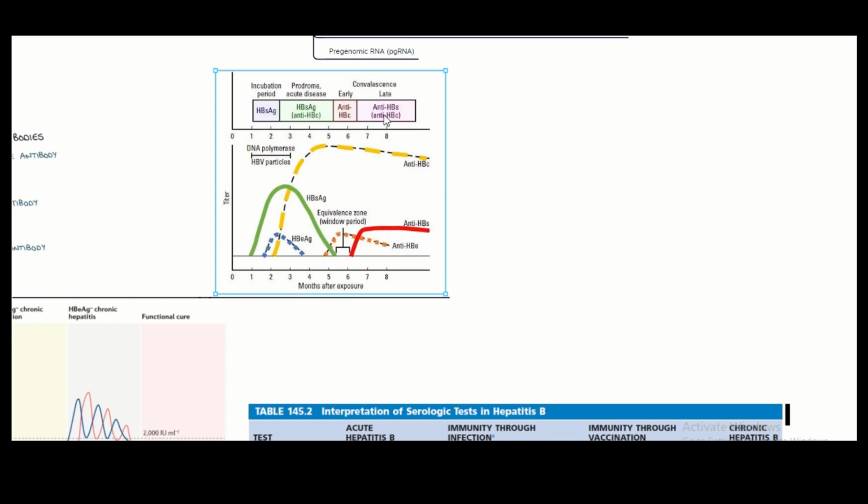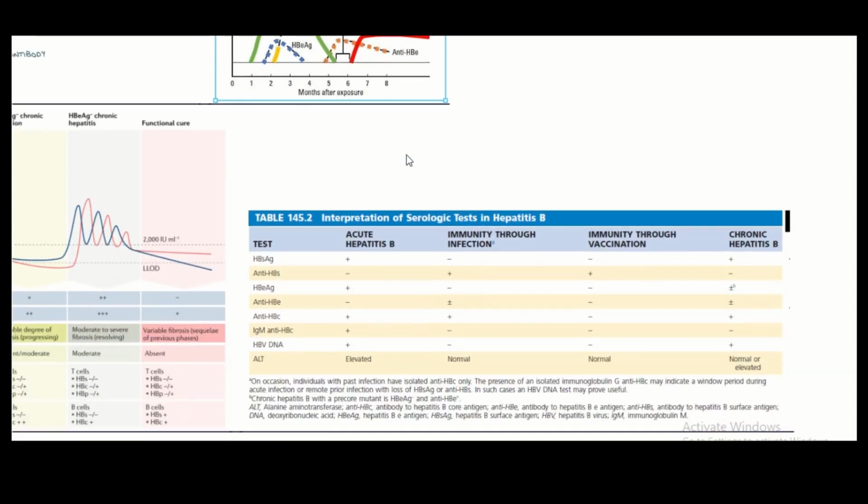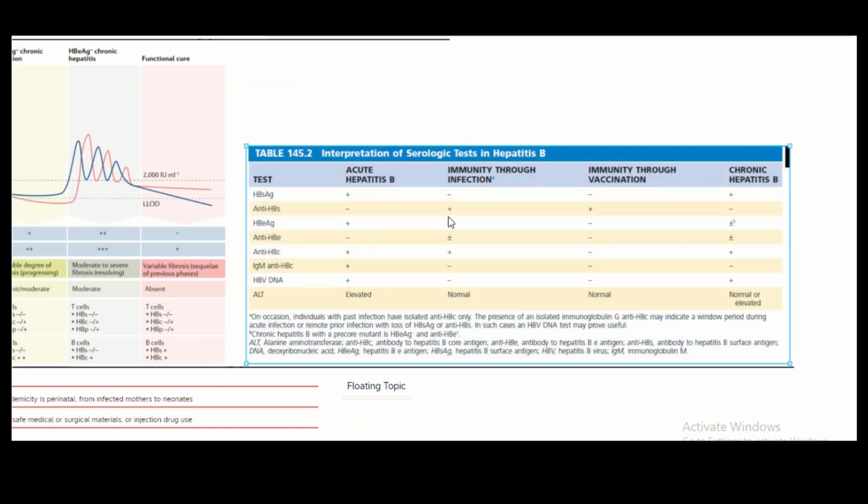Now that we understood when and how each one appears, we can start to analyze the serological test table. As we said, if we are having acute hepatitis B, we will have HBs antigen and HBe antigen. These two antigens show us that we have the virus right now in our body. But it's still too early for the anti-HBs antibody to form within the acute phase.